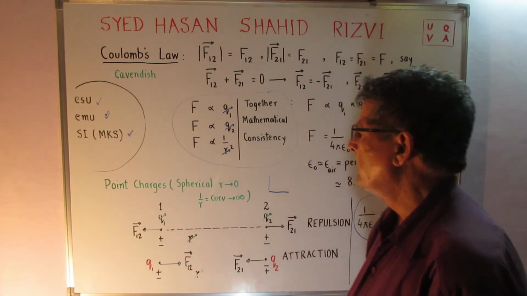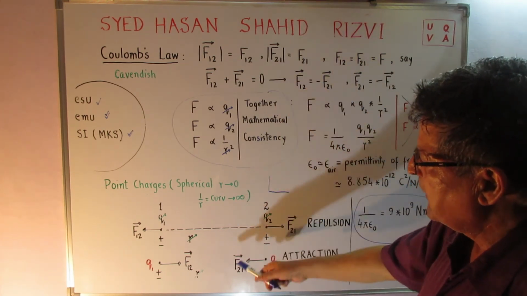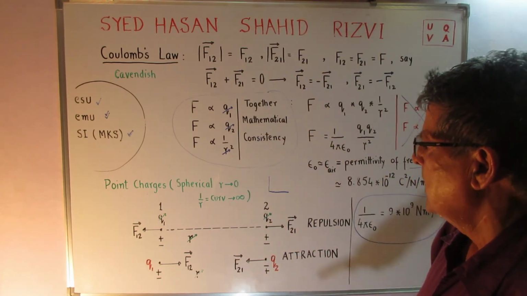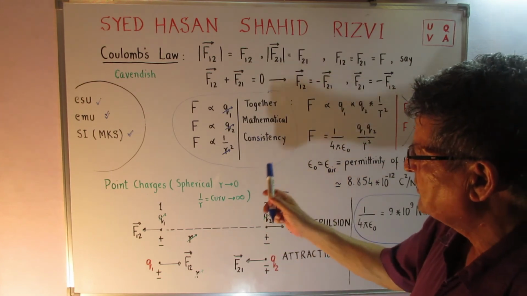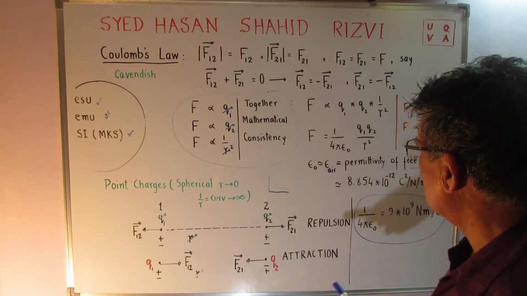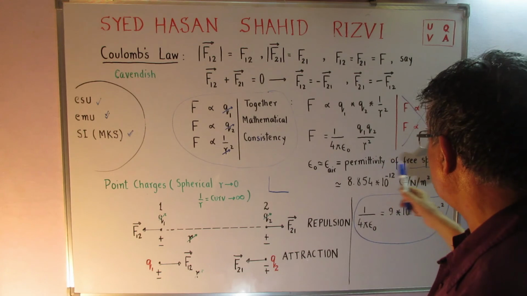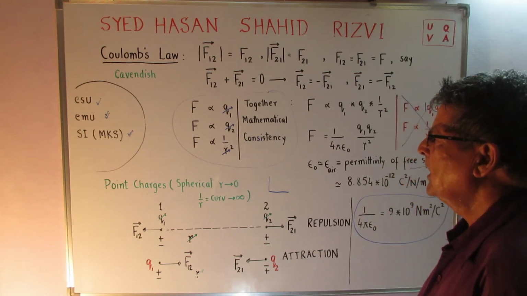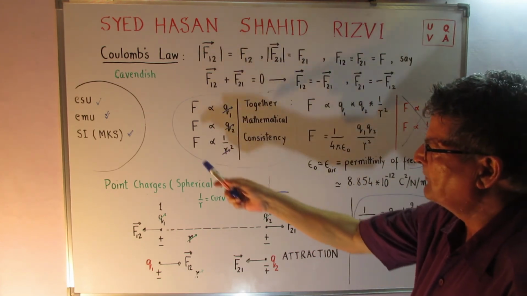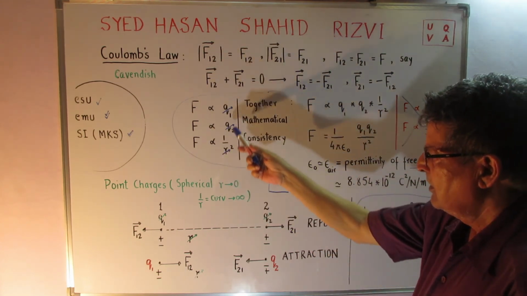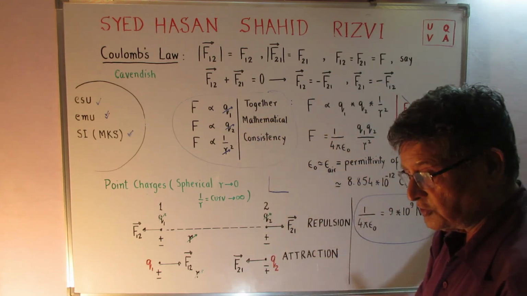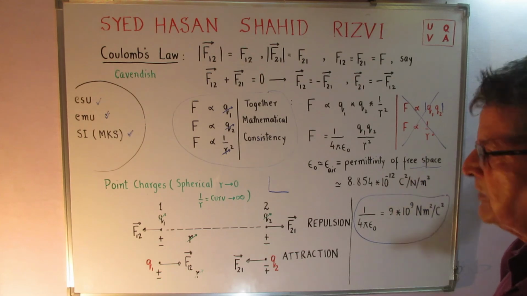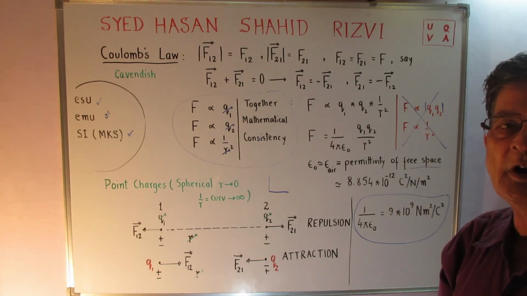But here we have taken a very systematic approach in which we constrain ourselves to the medium, which is of course free space, something called nothing or vacuum, and with the help of mathematical consistency, I tell you that even the value of epsilon naught is an experimentally determined value.